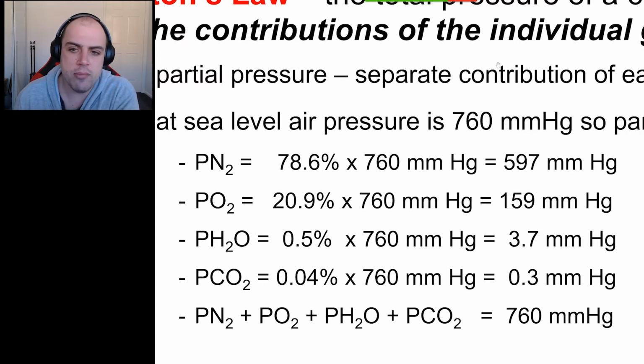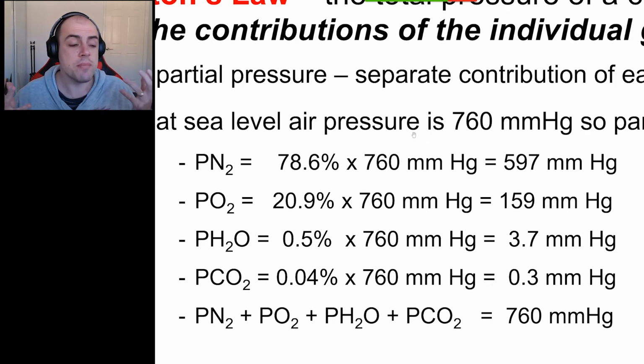So if I'm looking at 760 millimeters of mercury and oxygen is 20.9% of the air that I'm inhaling, then the partial pressure of oxygen will be 20.9% of 760. Yeah, it's a fraction. So instead of looking at our pizza as a whole, like our 760 here, we're looking at each individual slice that makes up our entire pizza.